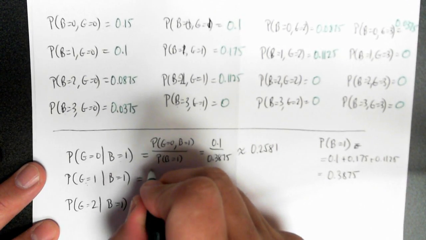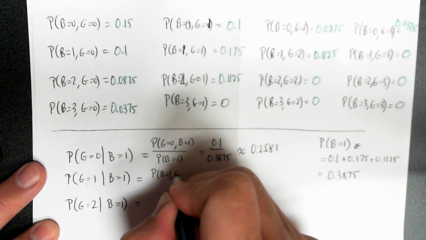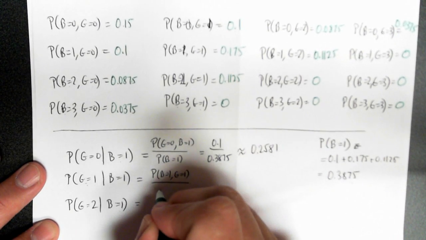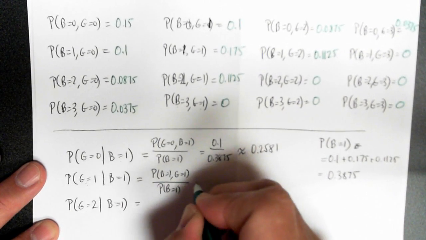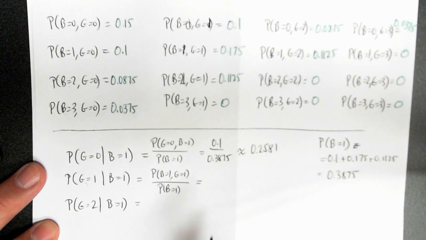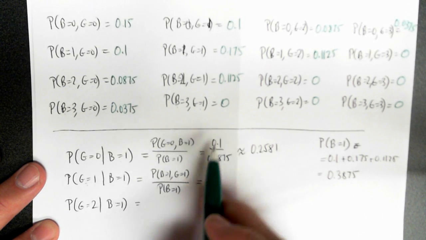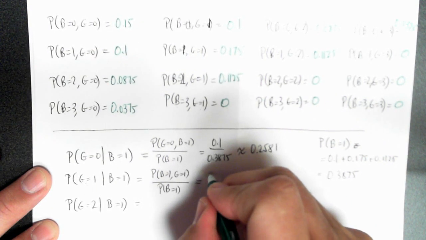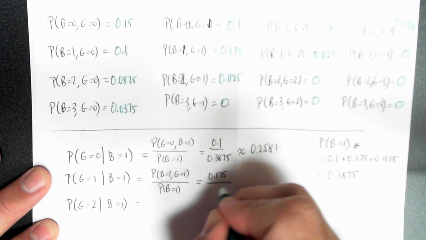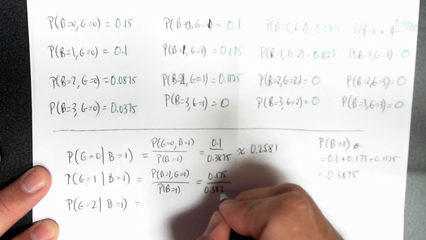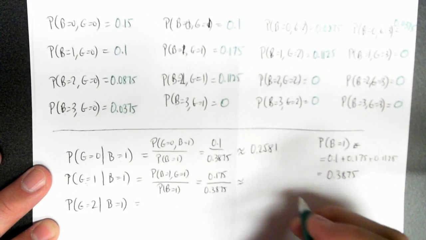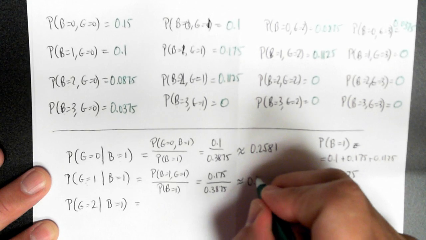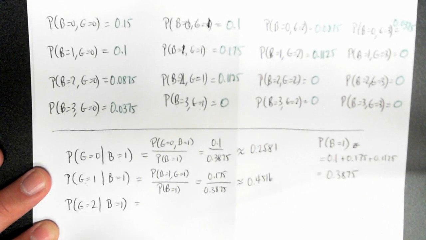The second one, the probability that B is equal to 1 and G equals 1, divided by the probability that B equals 1. So that is equal to the probability that B equals 1 and G equals 1, that's 0.175, divided by 0.3875, and so that works out to be approximately 0.4516.